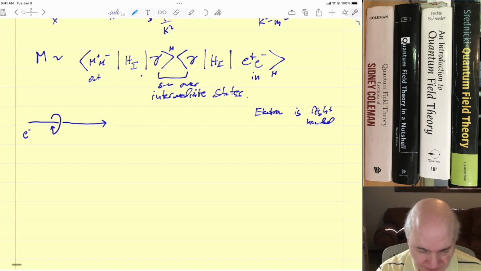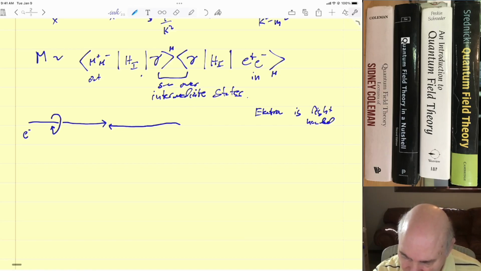And we're taking the muon, the positron, I'm sorry, to have the opposite handedness.